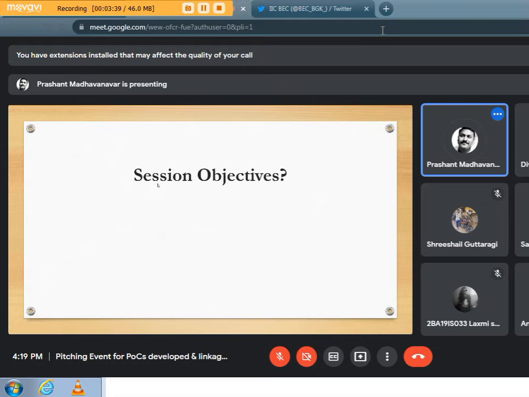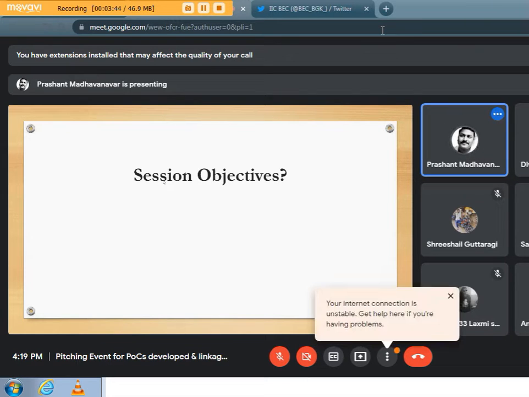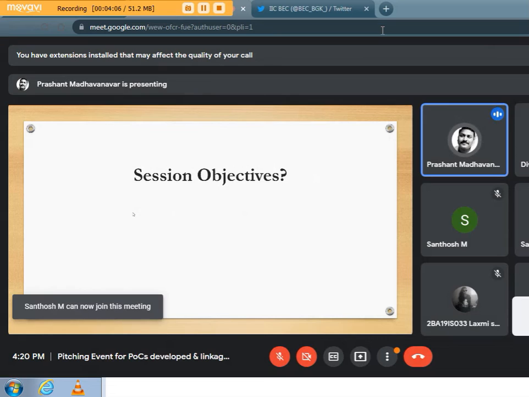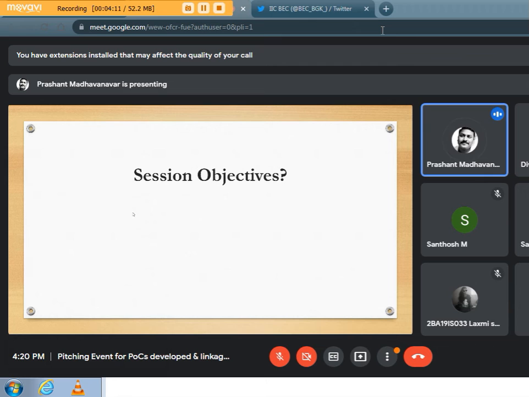So in this session, I will be covering what a proof of concept is, how to proceed with generation of a proof of concept, what the reason or importance of a proof of concept is, and how to pitch it. Okay, so this is the content I am going to cover in this session. After this, I expect the students will go through their idea and try to come up with their proof of concept for their ideas. Okay.